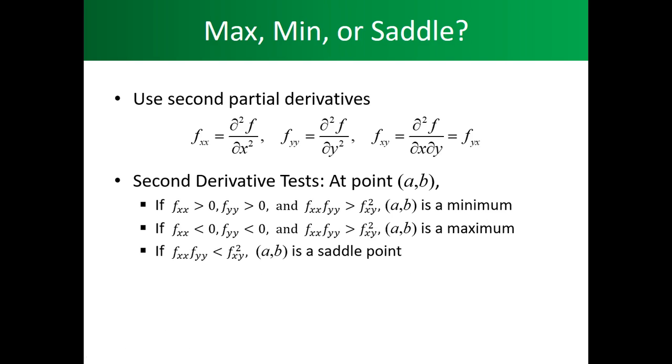If we multiply the second partial with respect to x and the second partial with respect to y together, and the product is less than f sub xy squared at that particular point, it's a saddle point.